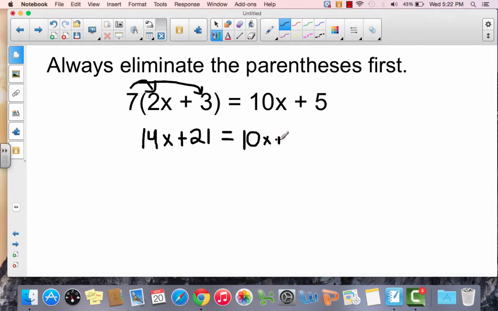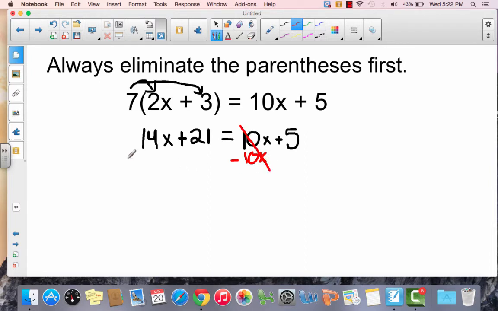And at this point, you have an equation that has variables on both sides. And like we've talked about in class, your first job is to collect the variables on one side. In a case like this, it does not matter which way you decide to do that. So I am going to eliminate the 10x from the right-hand side, and since that's positive, I'm going to subtract 10x so that the two pair off to make a 0, and I can cross them out.